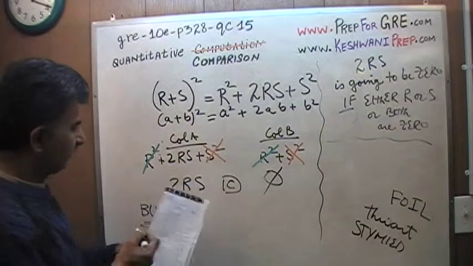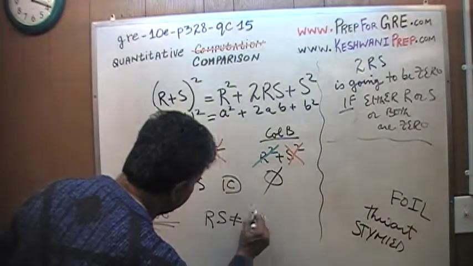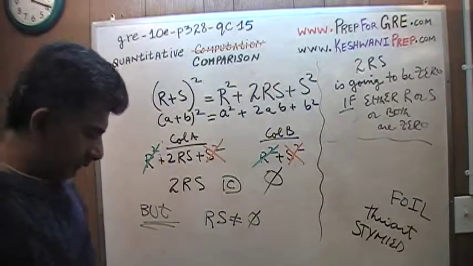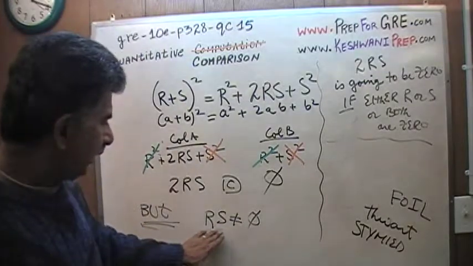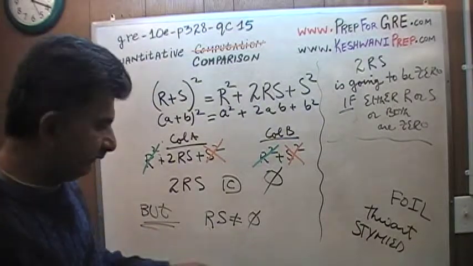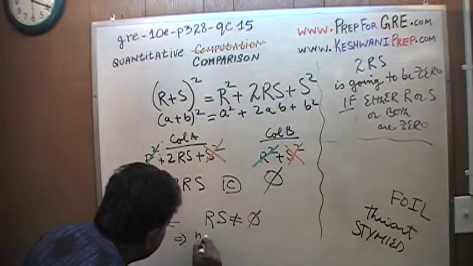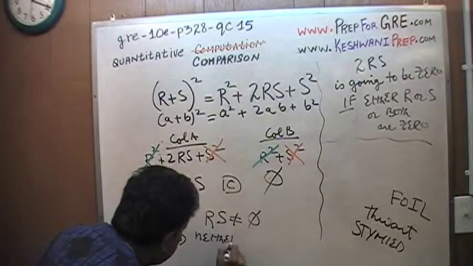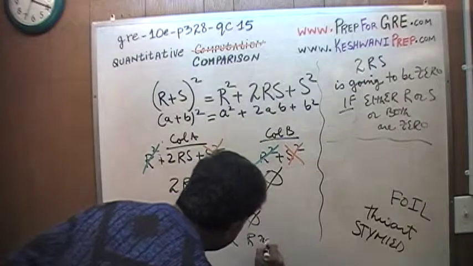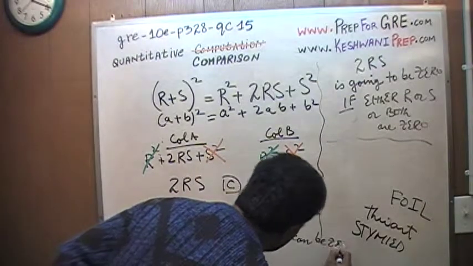We are told that R times S does not equal 0. Since we are told that, this implies that neither R nor S can be 0.